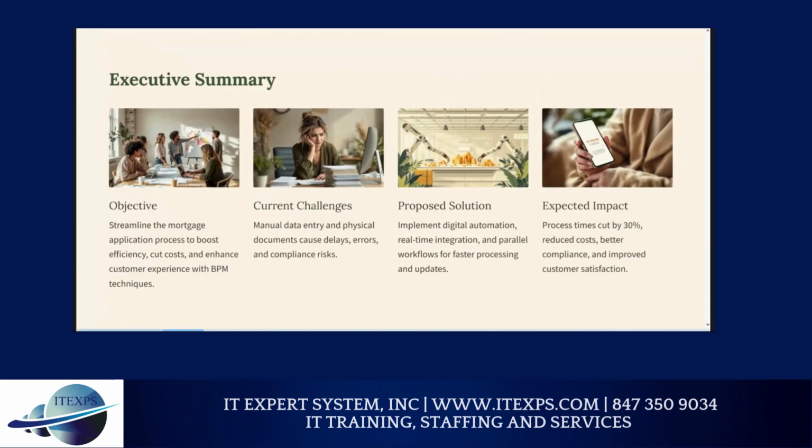So we looked for a smarter way to do things, like using automation, connecting systems in real time, and allowing different tasks to happen at the same time instead of one after another. With these improvements, we are aiming to cut down processing time by 30%, reduce cost, and make the entire process smoother and more transparent for everyone involved.